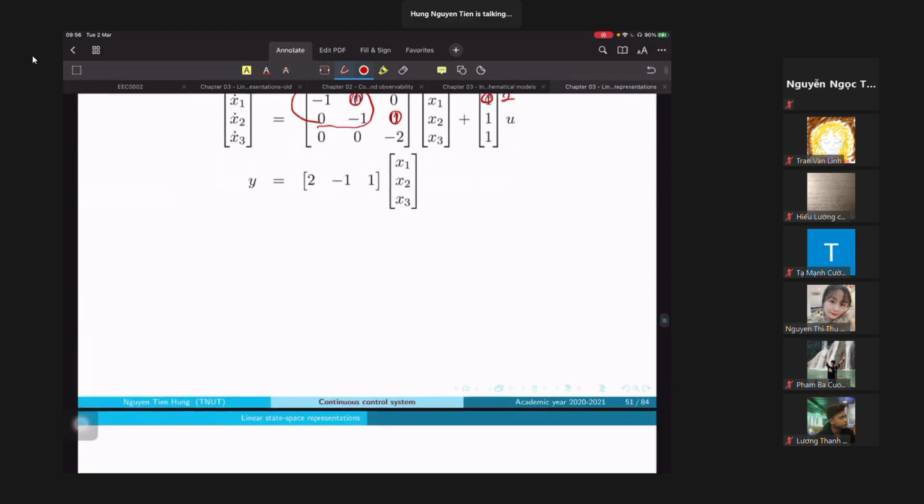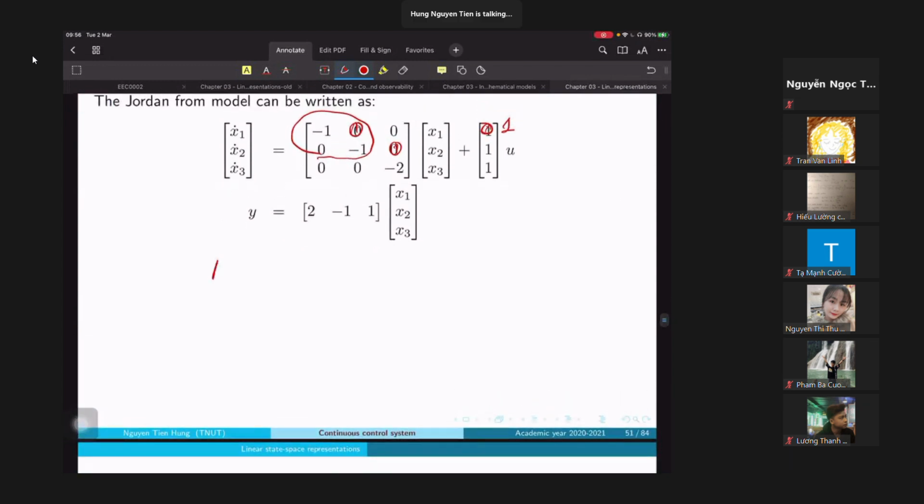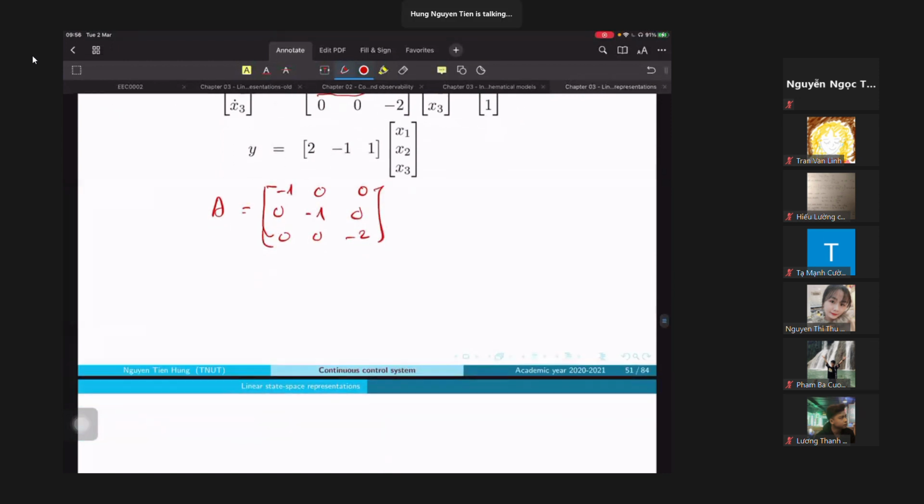Because here we have A equal to a diagonal form with minus 1, 0, 0, 0, minus 1, 0, 0, 0, minus 2. And to check this, we already know that the transfer function G(s) equals C(sI minus A) inverse B plus D. We got this before.